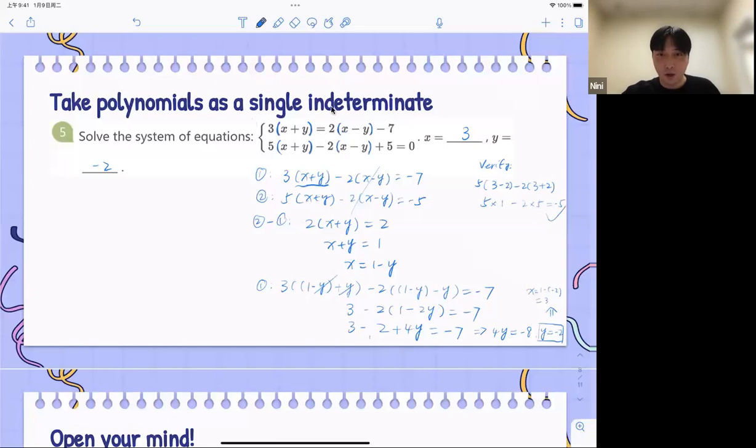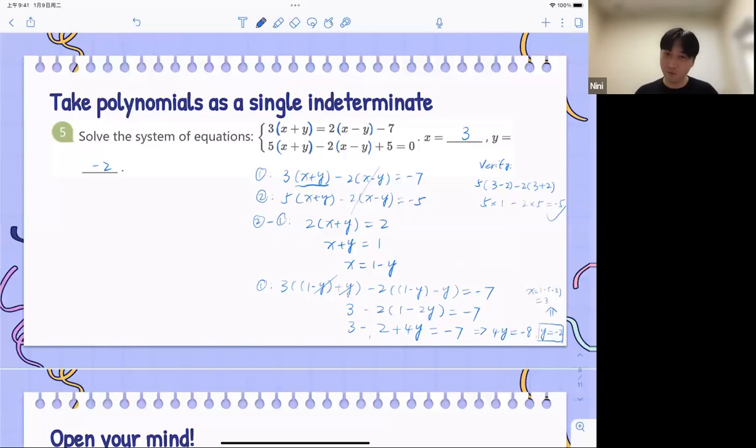Oh, okay, I see someone typed in the chat box, you can represent x plus y as z and x minus y as w. Removes confusion. Yes, of course, you can do it if you are more comfortable doing so.